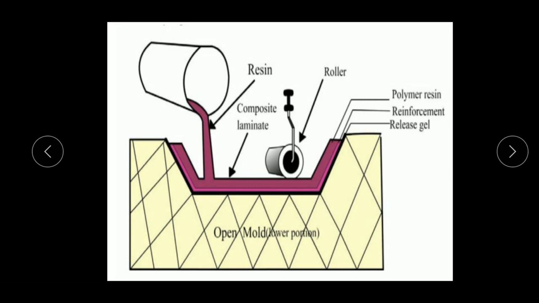Hope you understand how the hand layup process begins. Why we call it hand layup is because here we are not using any mechanisms or power source operated equipment. It is done by human hands, so it is called the hand layup process.